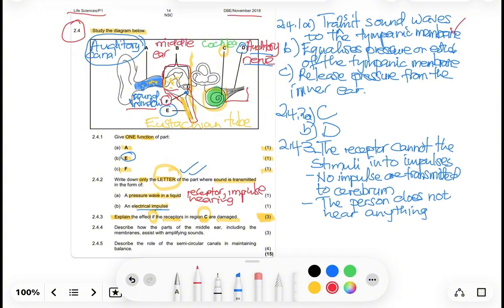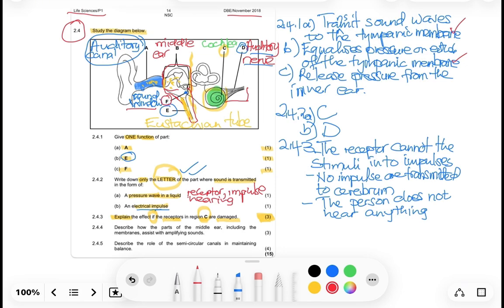And then part B, the answer is equalizes pressure on either side of the tympanic membrane, and the answer is also on tympanic membrane. Please note, for the first question, part A, you could have said it also secretes wax.